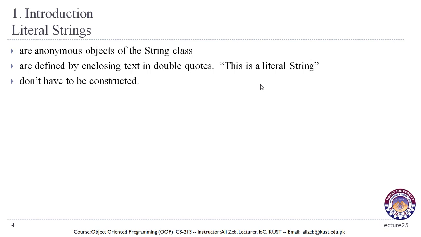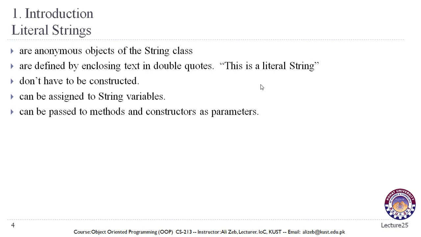Literal strings don't have to be constructed, can be assigned to string variables as we have been doing, and can be passed to methods and constructors as parameters. We have been assigning string literals as values to our name variable or any other variable that can store a string, and they have methods you can call.